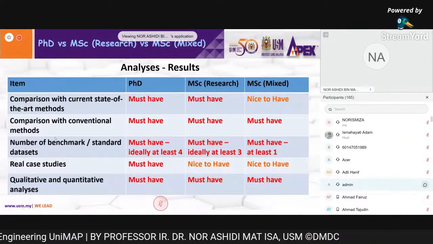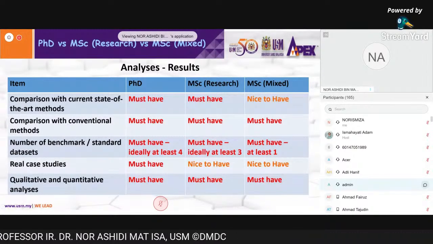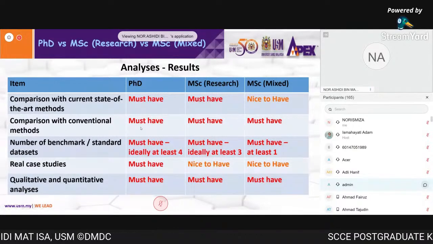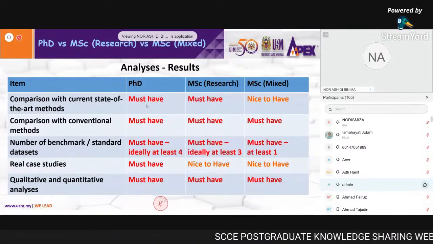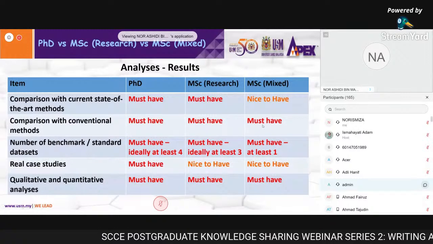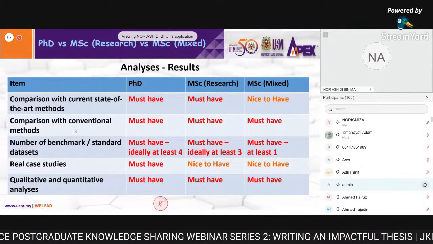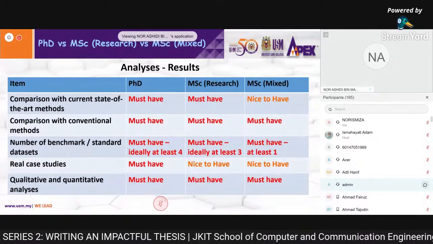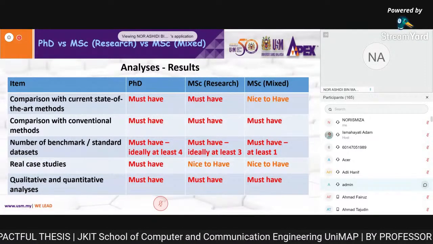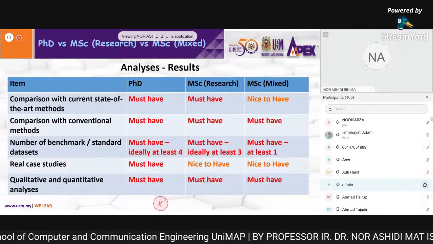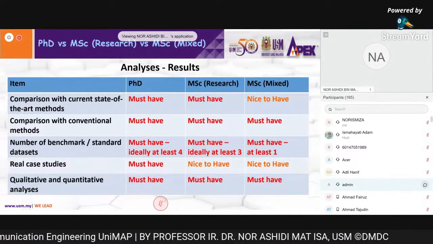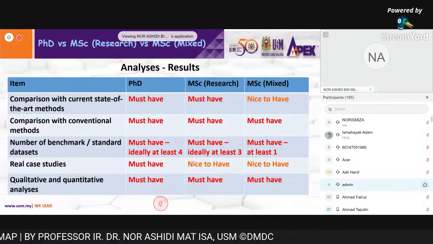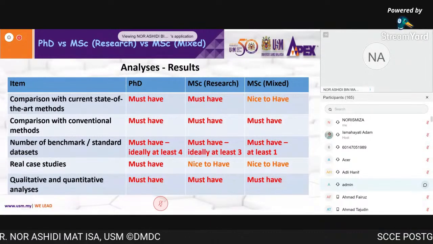So that's why the comparison with the conventional method is a must for the PhD, master, and also master by mixed mode. Any modification or introduction of new knowledge must be shown to be acceptable and reliable.